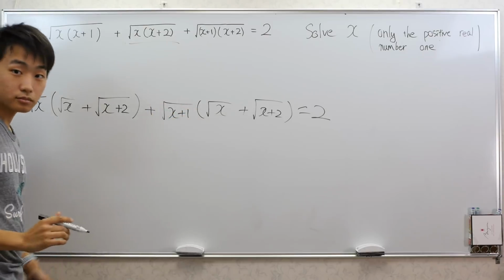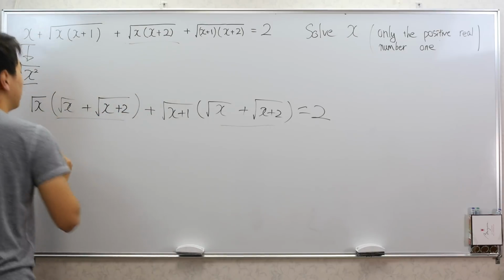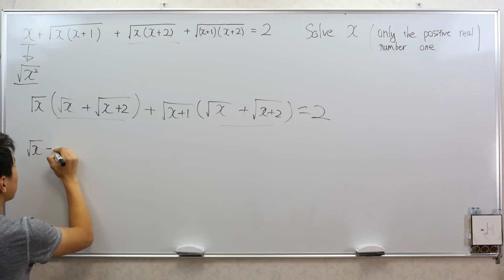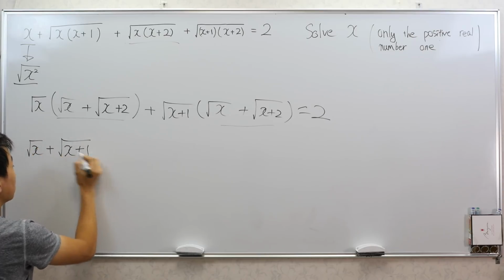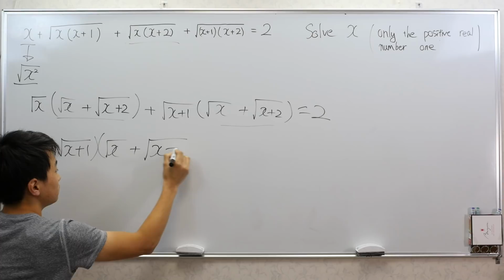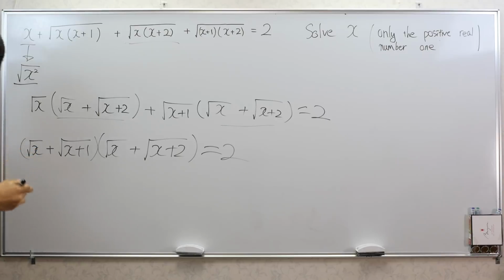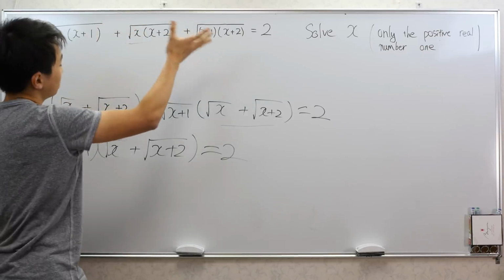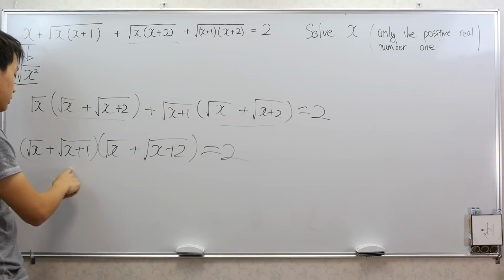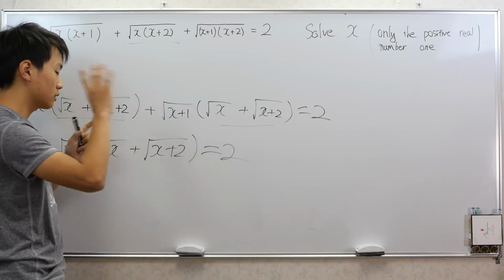It's exactly the same equation, but at the same time it has two nice common factors. So I've just factorized this equation to: square root of x plus square root of x plus 1, times square root of x plus square root of x plus 2, equals 2.